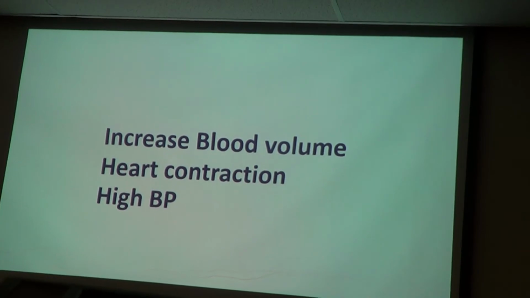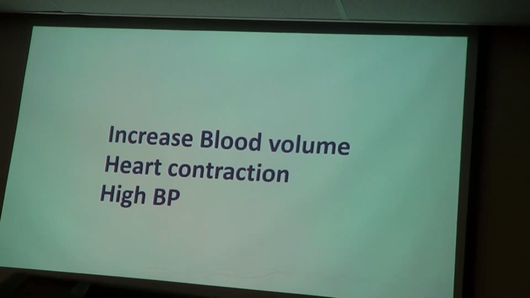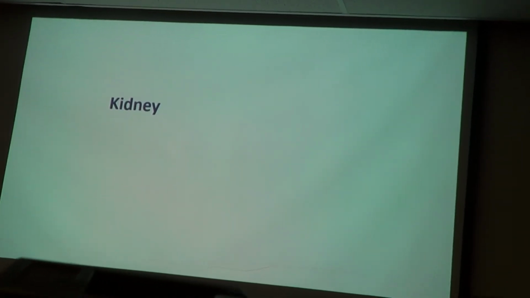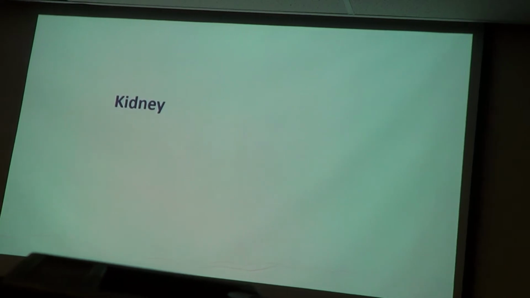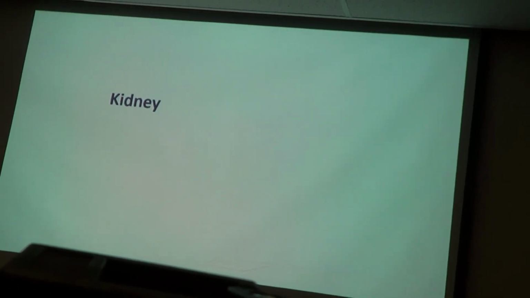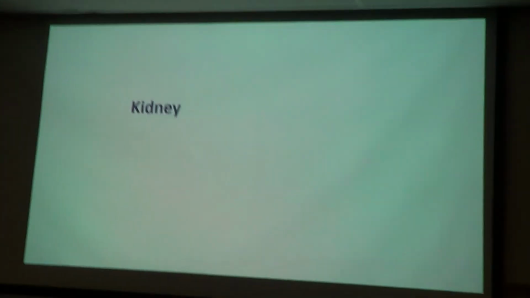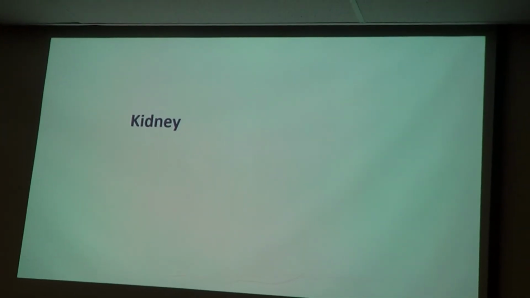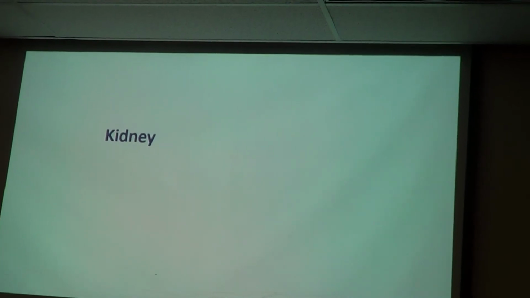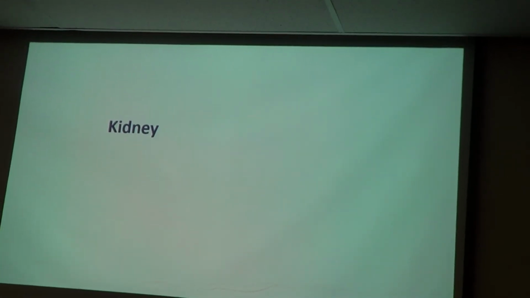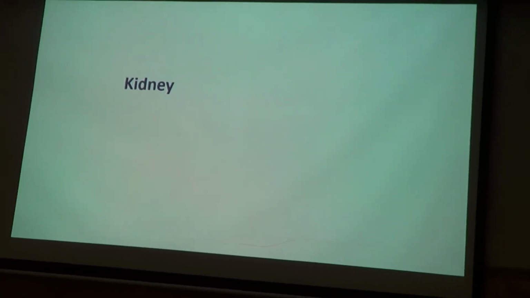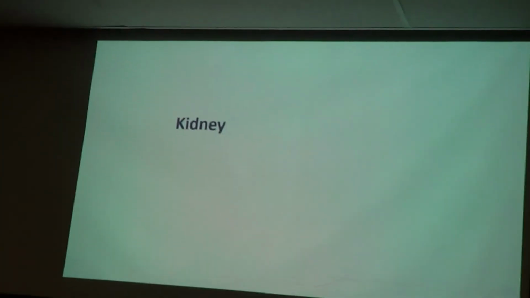Now where does it end? In the kidney. What does the kidney do now? The kidney has its filter more at the top, but there is also a hormone, not the kidney itself, that works on the kidney. And that is the hormone which either retains salt or lets the salt go out.